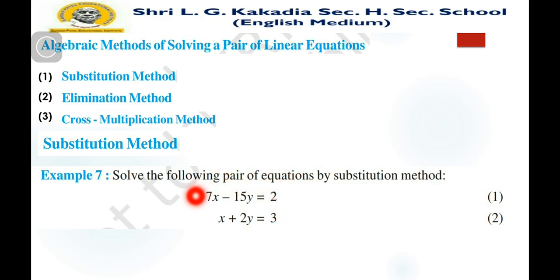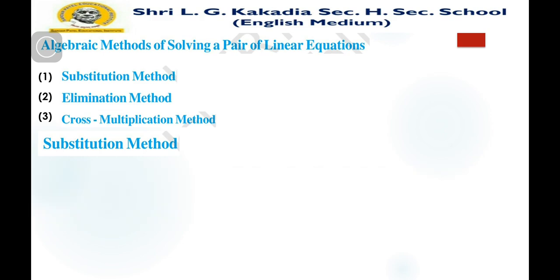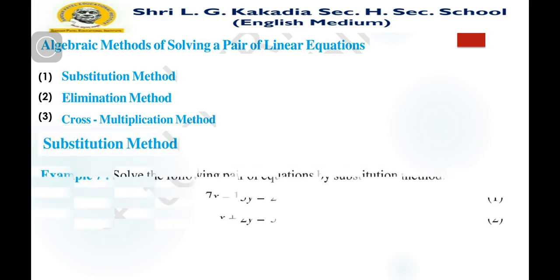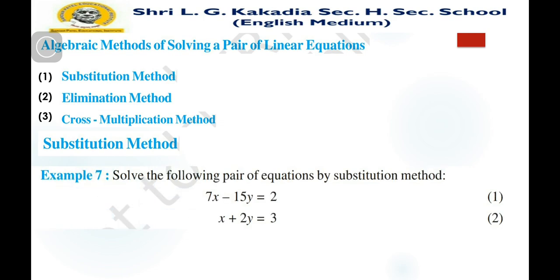Now here you can see equation number 1 and equation number 2. First we note that if the coefficient of a variable is not given in an equation, then we take that equation.